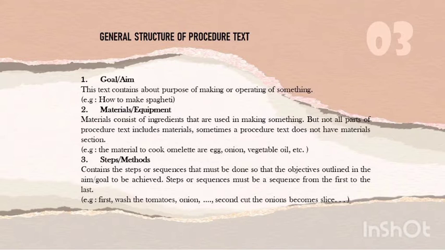Steps or sequences must be in order from the first to the last. Example: first, wash the tomatoes, onion, and so on. Second, cut the onions into slices, and so on.